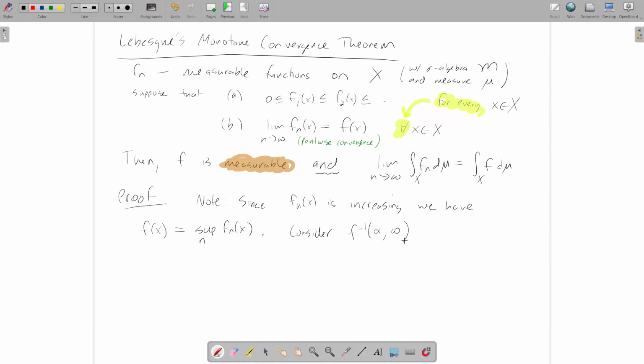So I just need to show this one set is measurable.